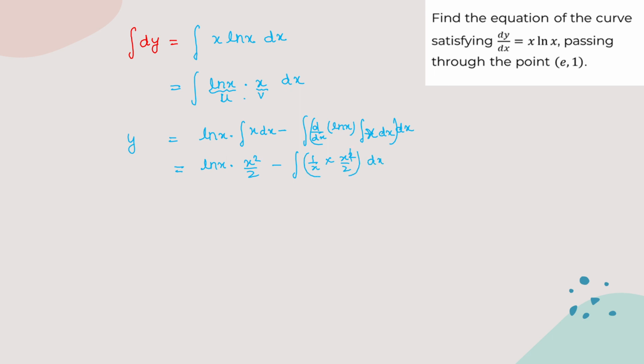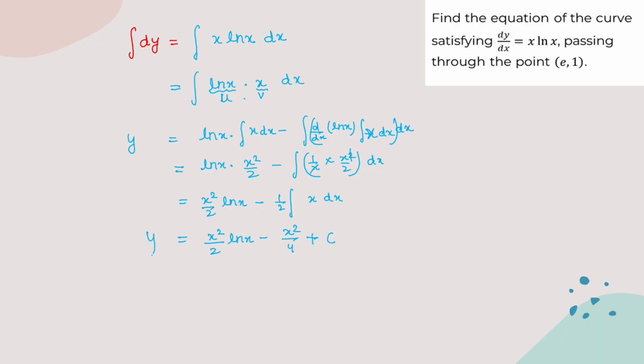So this x and x are gone and you are getting x square by 2 into ln x minus integration of, 1 by 2 we can take outside, and x will remain, x dx. That can be easily integrated: x square by 2 into ln x minus x square by 4 plus c.